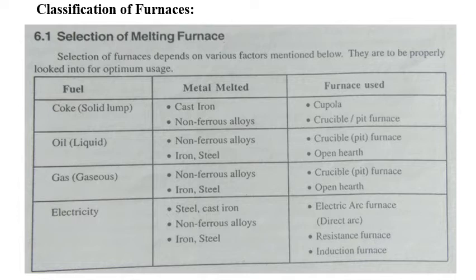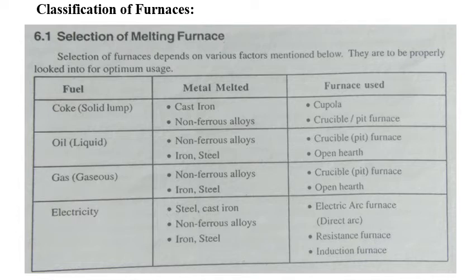Suppose the fuel used in the furnace is gaseous, for non-ferrous and iron and steel. For non-ferrous alloys you can select the crucible type or pit furnace, and for iron and steel, the open hearth furnace. Suppose the furnace uses electricity, with the help of electricity the solid metal is converted to liquid metal.